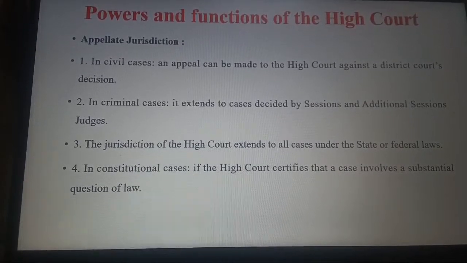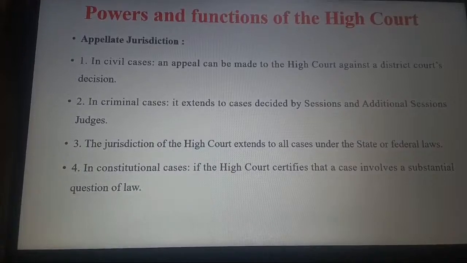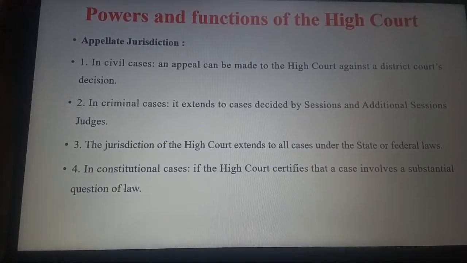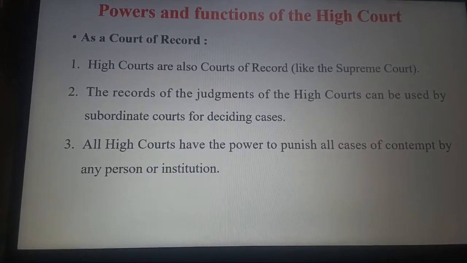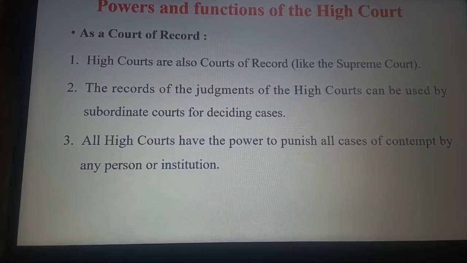In constitutional cases, if the High Court certifies that a case involves a substantial question of law, an appeal can be made. The High Court as a court of record.